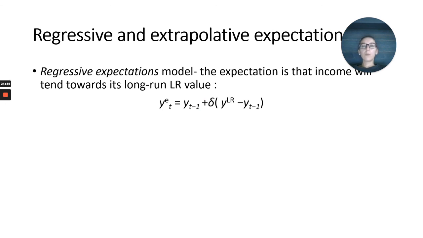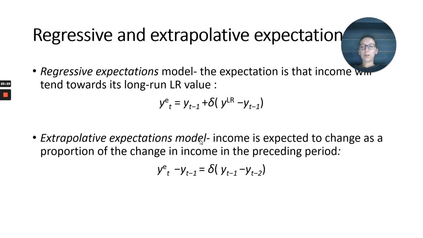There are two more expectation hypotheses: a regressive expectation model, which says that income tends towards its long run value, so that in general the expected income in the future is going to be equal or very close to its average during the recent past, let's say, 10 years.